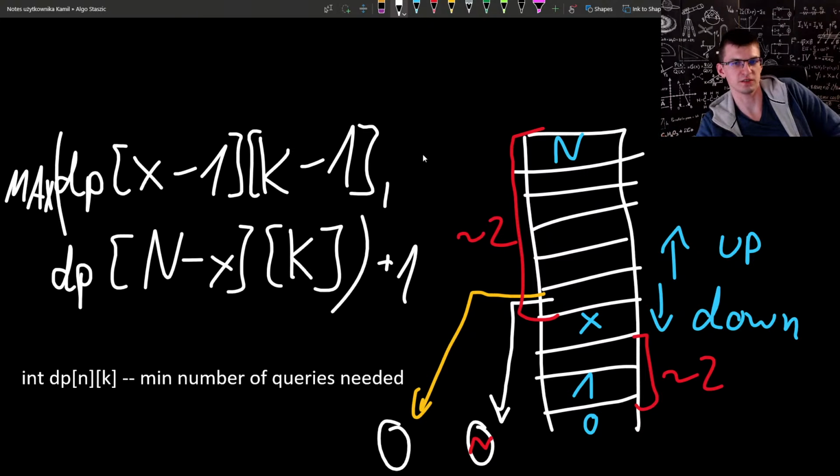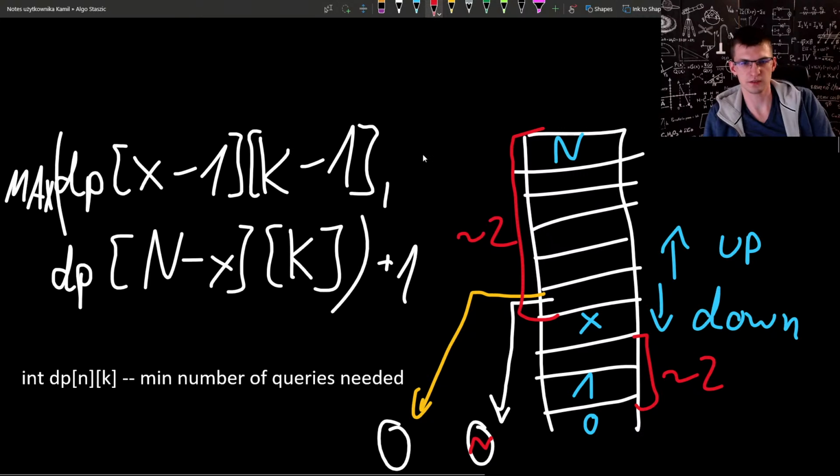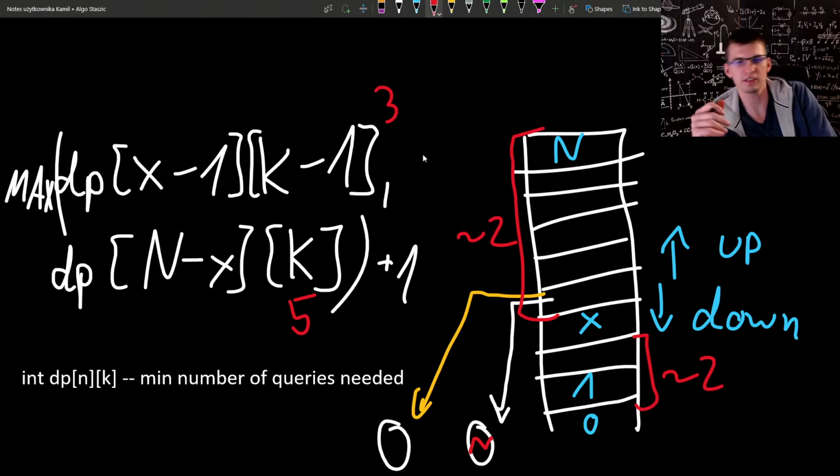He's malicious for you. So if he sees that, okay, you drop somewhere, and now if egg doesn't crack, then you will be left with those floors, and maybe there are so many floors that you need 5 queries in this case. This is the top case, so this, let's say 5. Then he says, okay, egg doesn't crack.